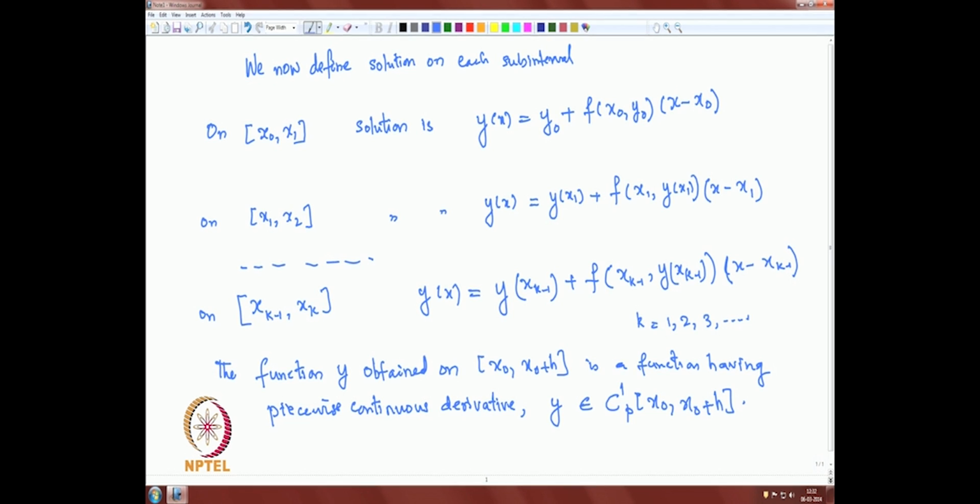In the property of the approximate solution, we want the solution to be in C1p, at those points at which the derivatives are defined.